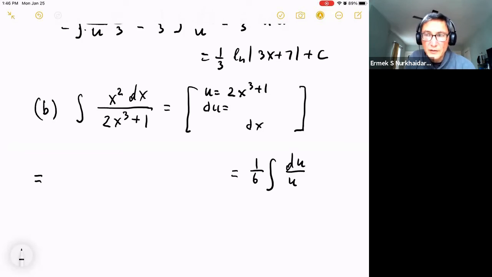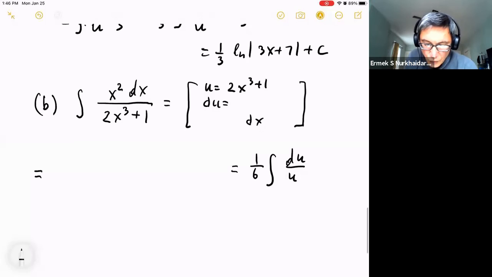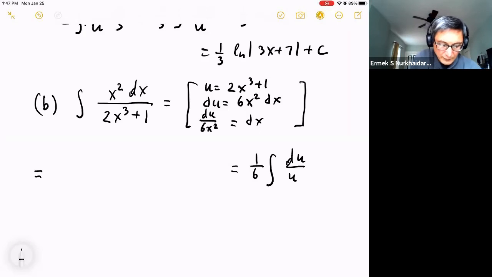The derivative of 2x cubed plus 1 is 2 times 3, which is 6, so du equals 6x squared dx. Then we solve for dx, so du over 6x squared. So now we're going to substitute that. We're going to get the integral, keep x squared.